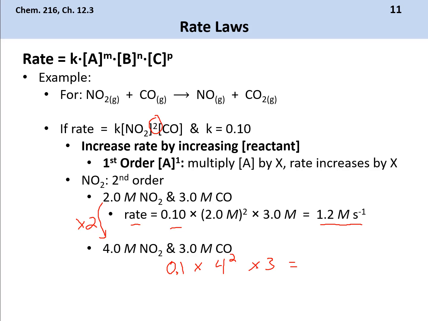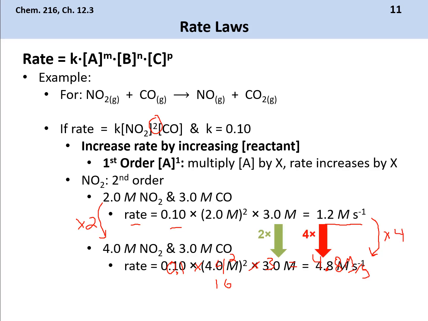This is going to get me 16 times 0.1, so that's 1.6 times 3, which gets me 4.8 molar per second. Notice what happened. I doubled my concentration of NO2, and what happened to my rate? It increased not by 2, but by 4.